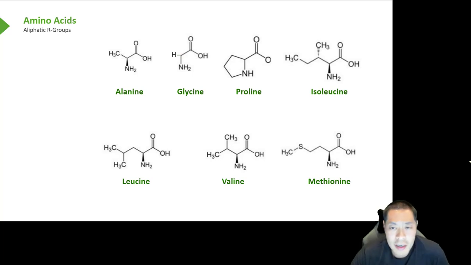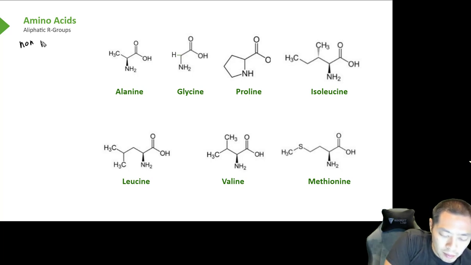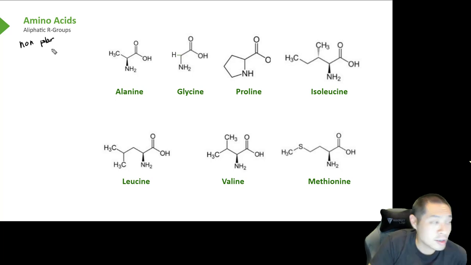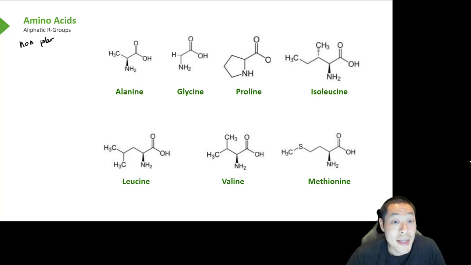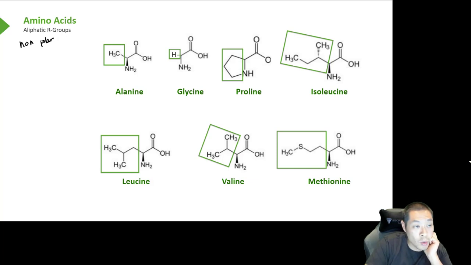These, it's called aliphatic, which technically just means non-aromatic, but these are our nonpolar. Polar, I know I squished it together, I apologize. So that means that all these don't really have anything that's electronegative. So when we look at these boxes, once again, we're going to ignore the base of the amino acid.